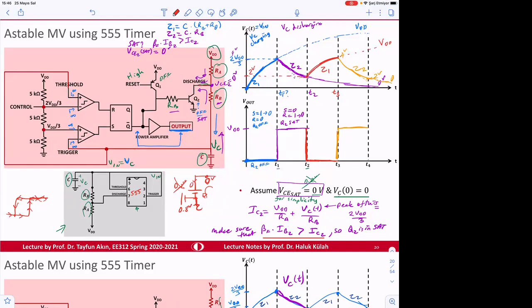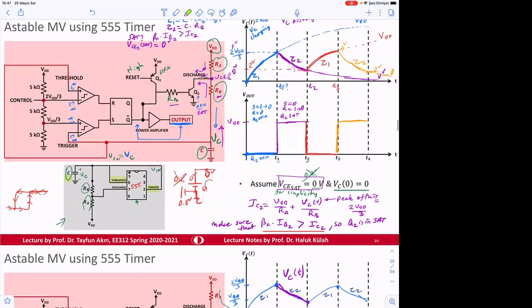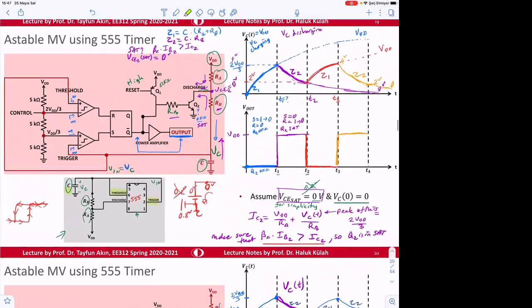When you connect the threshold to trigger, and then connect that to a capacitor here, it is the way to make an astable multi-vibrator. We had some different things we paid attention to.